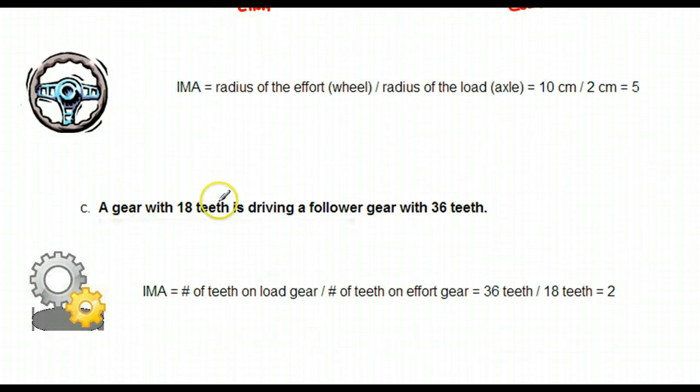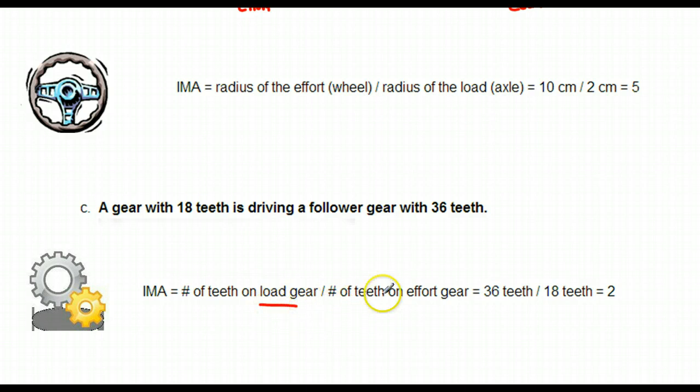And a gear with 18 teeth is driving a follower gear. So whatever one is in control, that's the one that should come first. And in this case, they're calling it the load gear. Okay, I think they've just messed up backwards on this. That's okay. The driver gear, the first one, this is the only time it's going to be different.